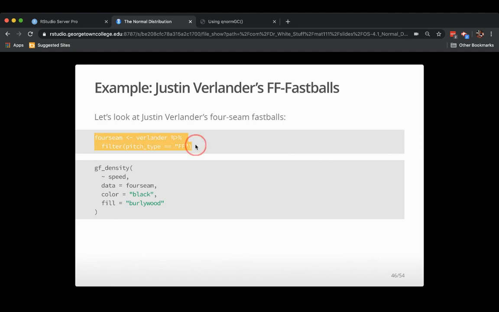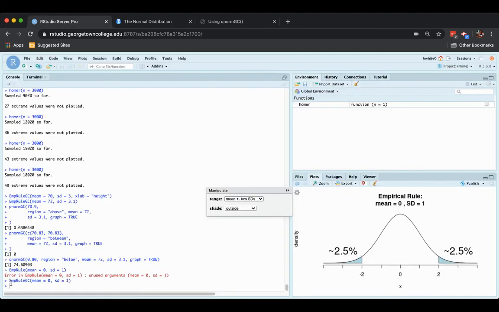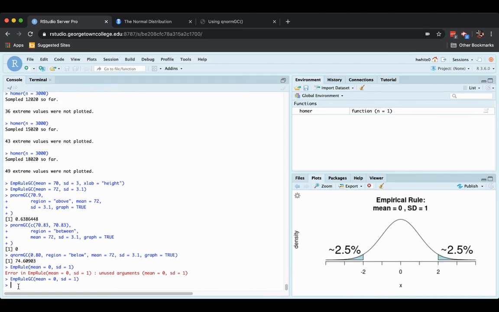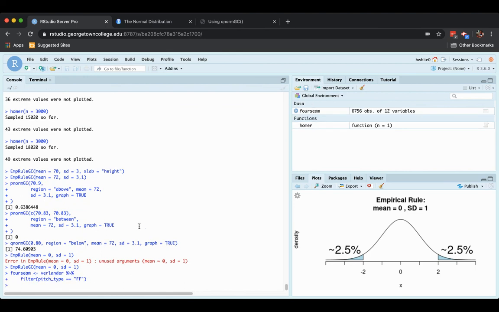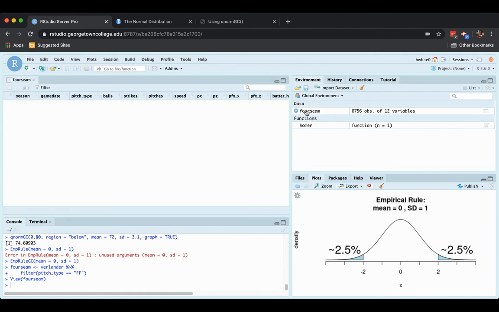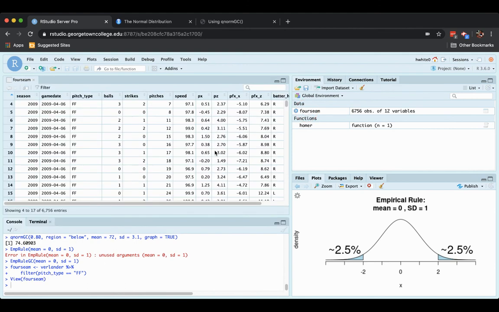So let's make that data set. Copy into RStudio. I'm going to make this a little larger for you. Paste. And here's four-seam. So it's about 6,700 pitches that were four-seam fastballs.